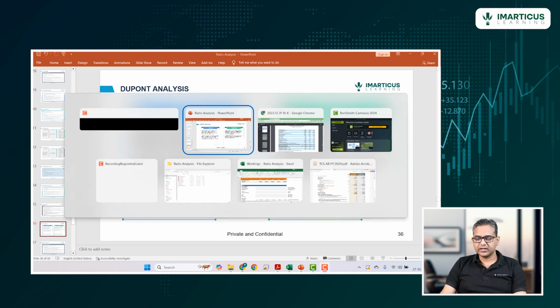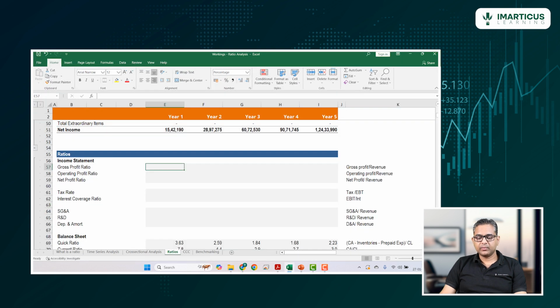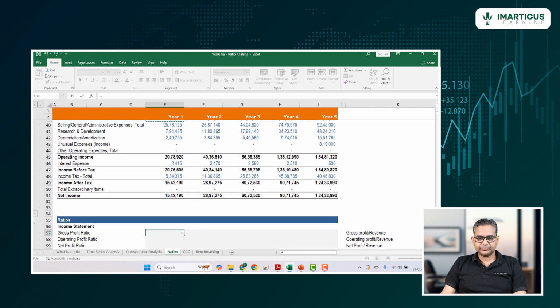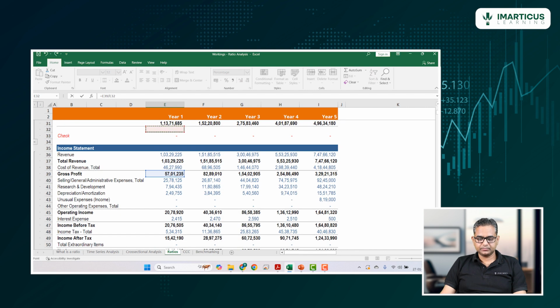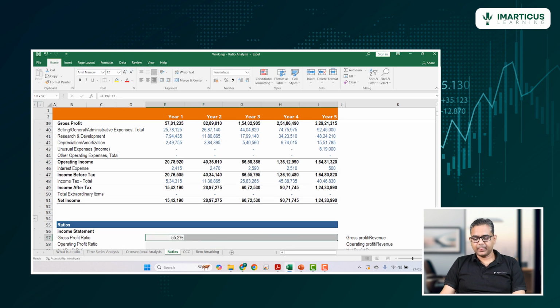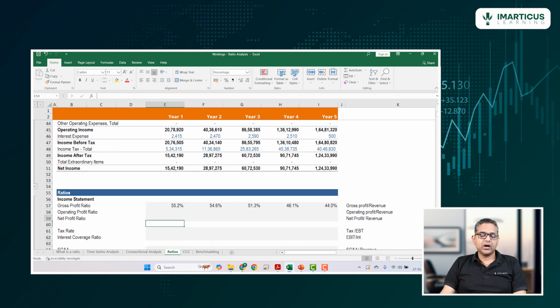Let's look at some workings now. So we are talking about various profitability ratios. Let's calculate. How do we calculate gross profit ratio? Gross profit upon revenue. So gross profit ratio is going down.